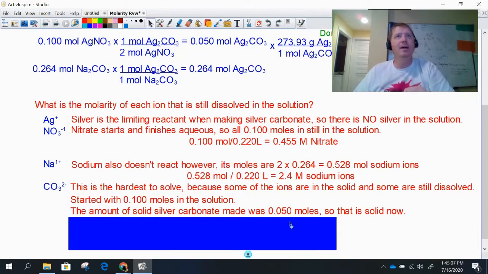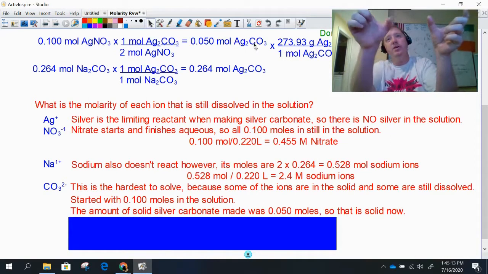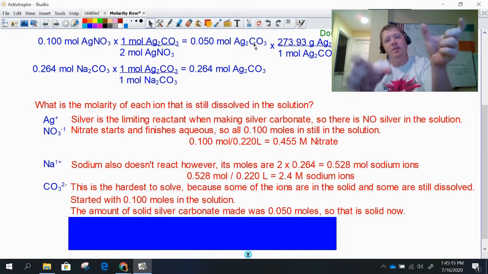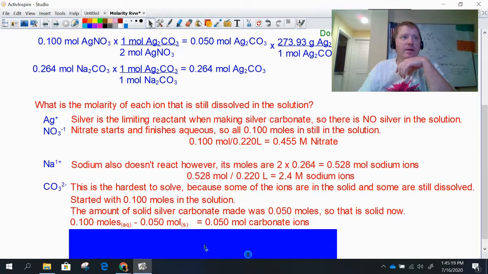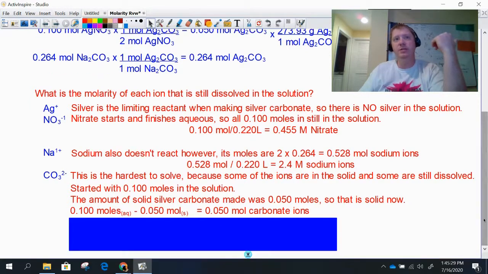And then we made 0.05 moles of the carbonate, which means that of the 0.1, 0.05 got removed from the solution, right? There was 0.1 that was aqueous. Now there's 0.05 that is solid. So that means there's still 0.05 moles that are floating around in the solution.